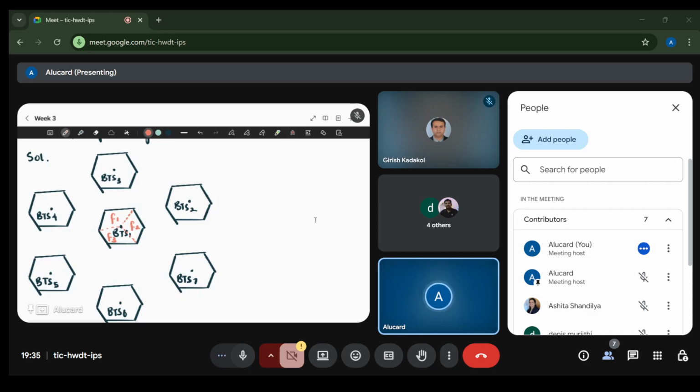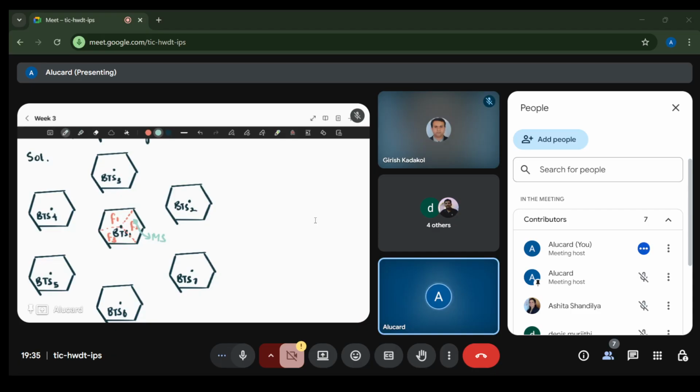Now, what happens is when you are looking at the interference, we'll consider downlink. So this is my mobile station.